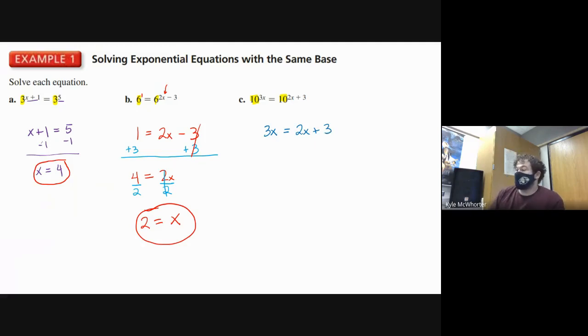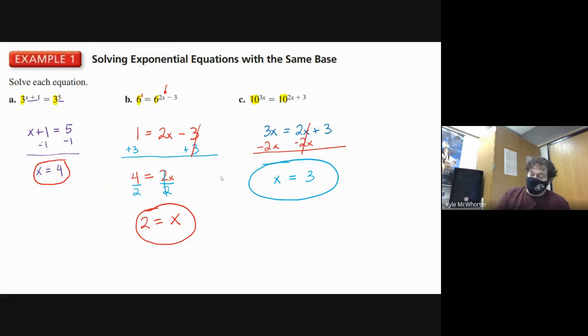Then we've got x on both sides, so we need to subtract it off one side. So I'm going to subtract 2x from both sides. 3x minus 2x is x. So we get x equals 3 for this one.